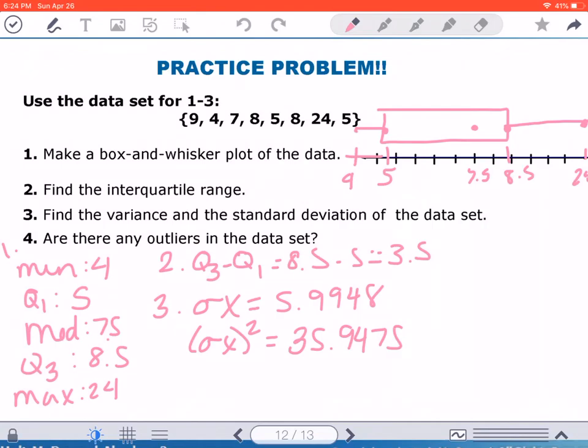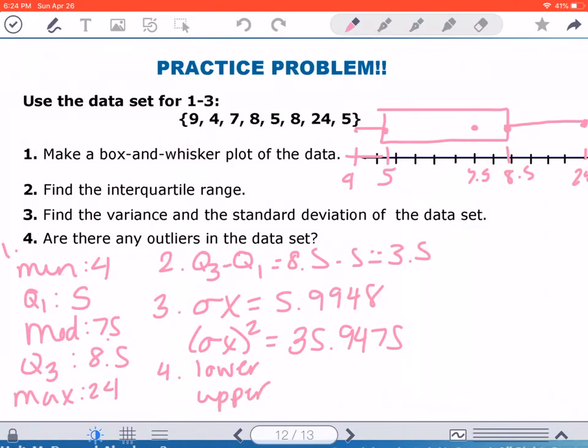The next question, question 4, says, are there any outliers in the data set? Well, remember what we did a couple problems ago. If we're going to try and figure out if there's an outlier in this data set, I want to figure out my lowest possible value that I'm willing to consider in my data and my highest.